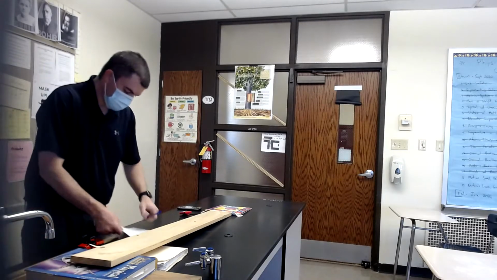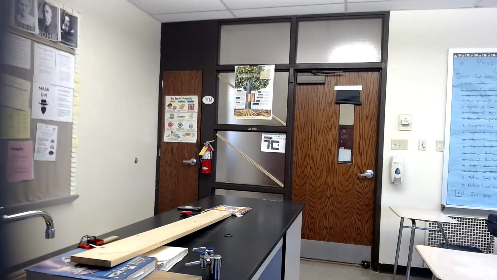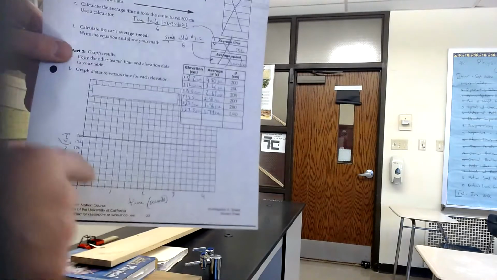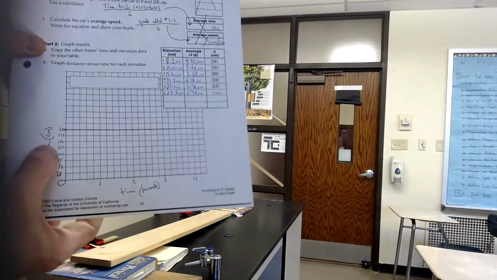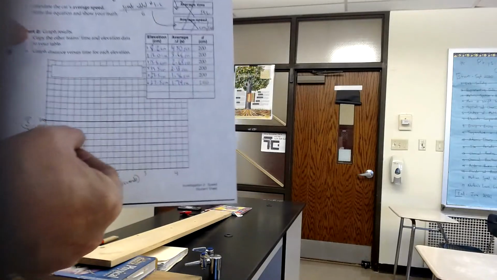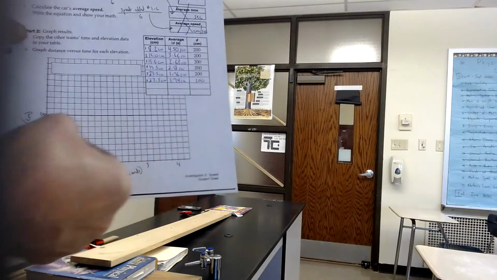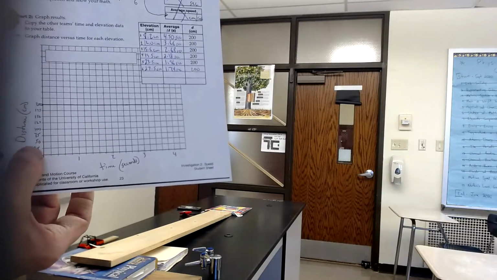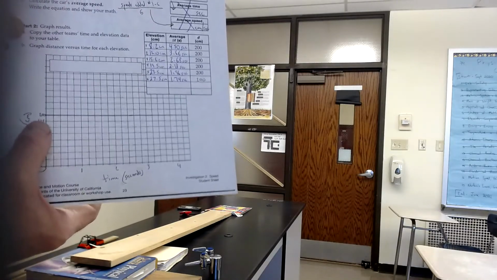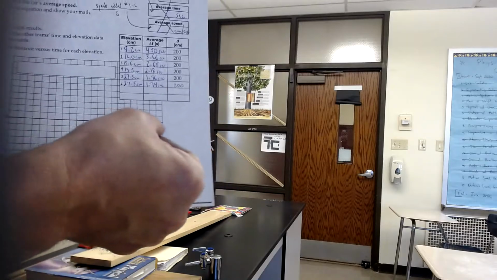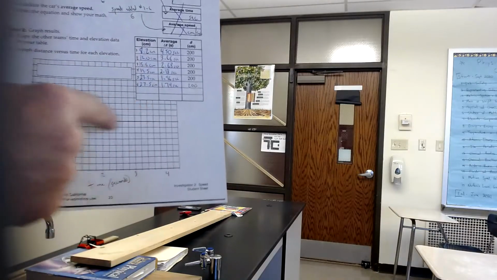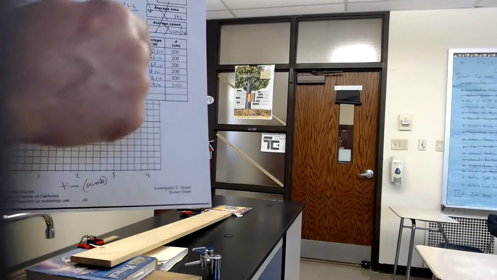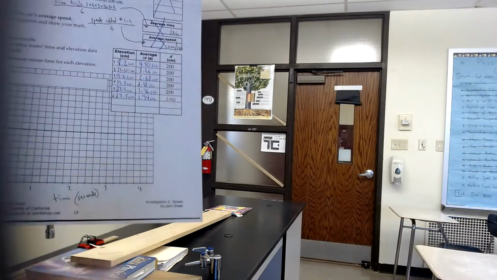So, in CAMI, you're going to number these up to 200. And I made a bold line on my graph so you can see it. So you count by 25s, 25, 50, 75, 100, all the way up to 200. And all of my dots for all my times are going to be at 200 centimeters because that's how long it took to reach my distance.